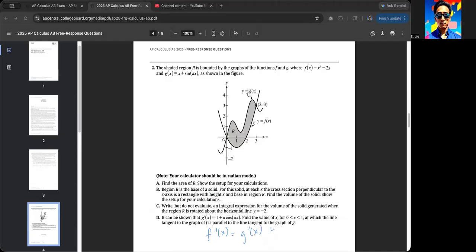We have our derivative, and this is given to us, so we set those equations equal to each other. We derive this quickly, equal to 1 plus pi cosine pi x. That's your setup, and then you can use your calculator to solve.